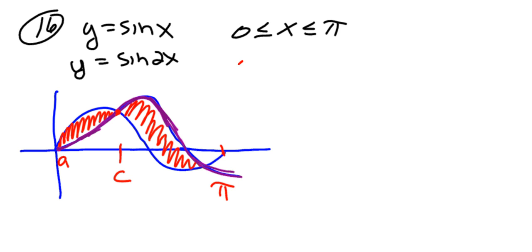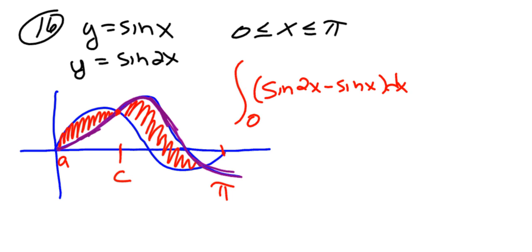So we're going to split this up. Uh-oh, I drew my graph wrong. Sine 2x should be the first one, minus sine x dx, plus my other one, sine x minus sine 2x dx. So now I know we're going from 0 to pi.